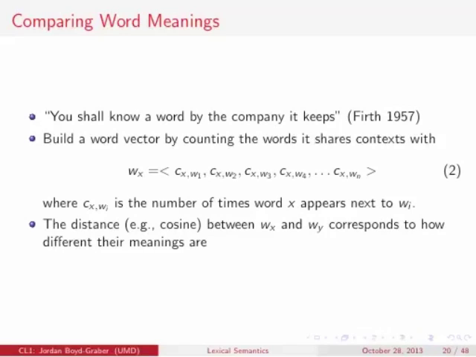And now you can compare this vector for word X with the vector that you get for word Y, constructed in the same way. And the distance between these, for example using the cosine distance or whatever distance metric you want between vectors, correlates well with human intuitions about how different in meaning these words are.